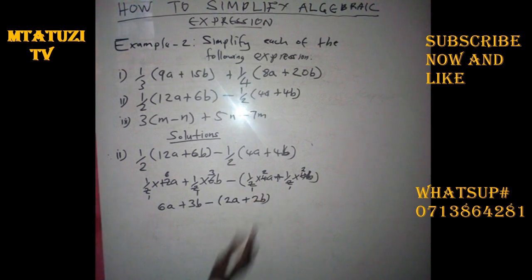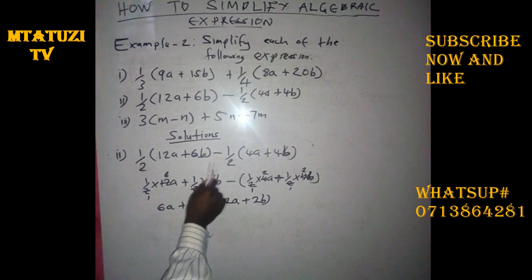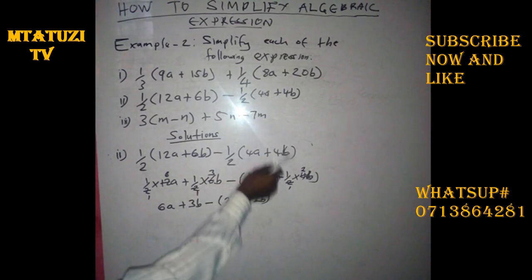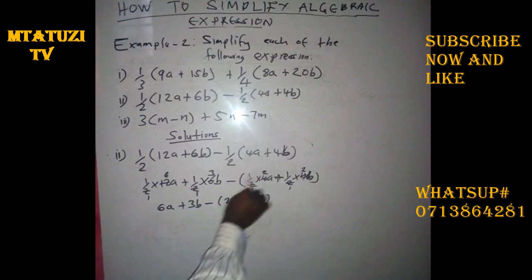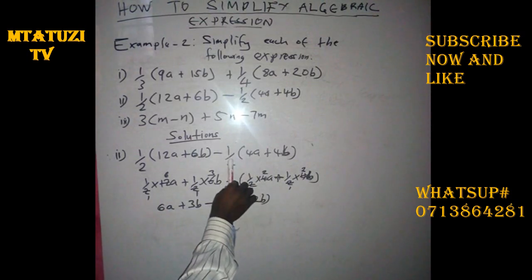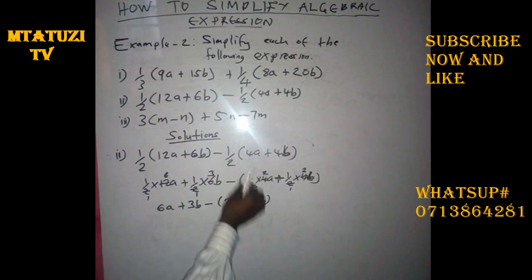So now we have to open the bracket there. Previously we did not open the bracket because there is a negative sign, and when you are dealing with questions like this, there is a trick. You have to know the trick to uncover it and then solve it.